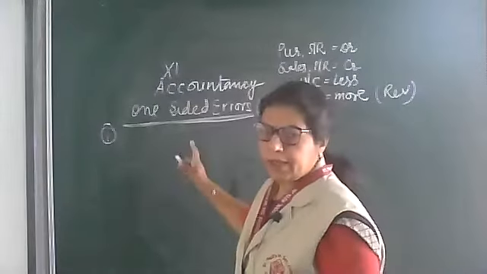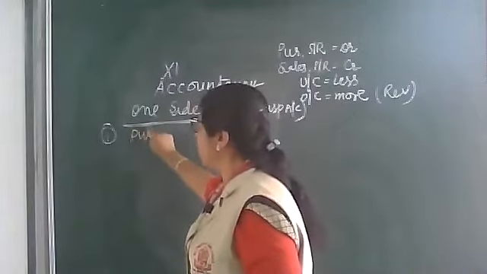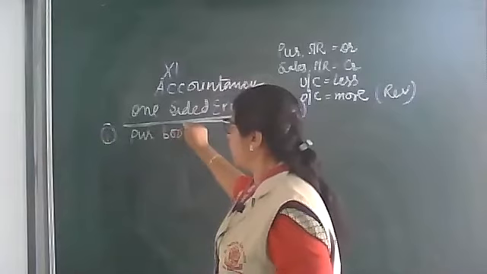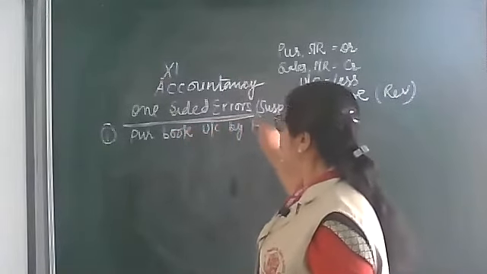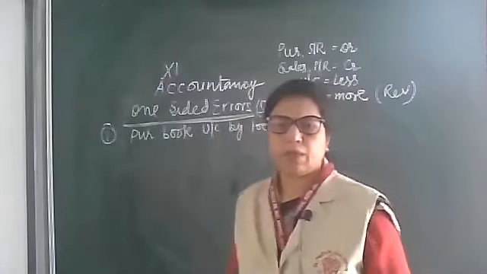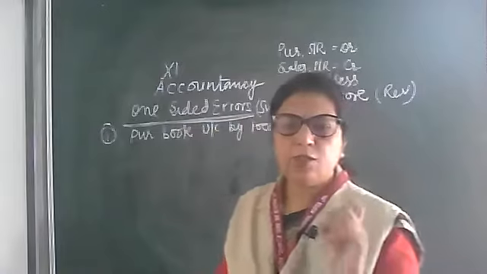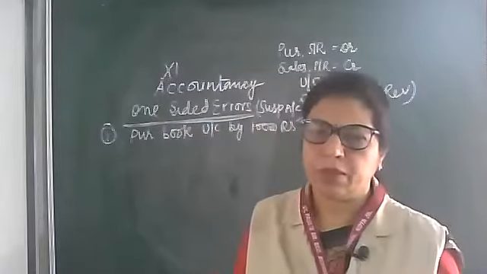Now, one-sided error. See, purchase book undercast by 1,000 rupees.